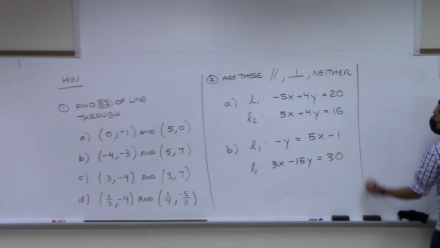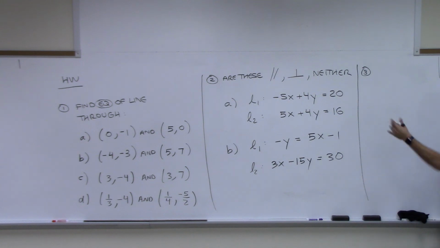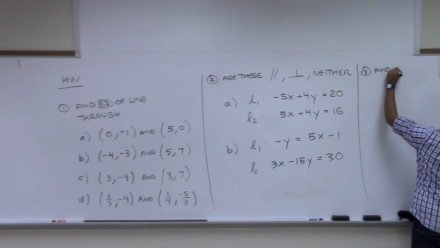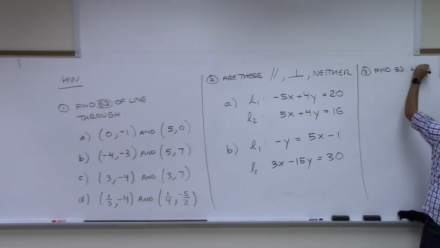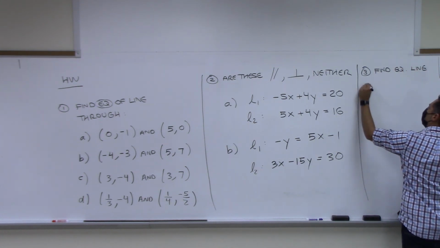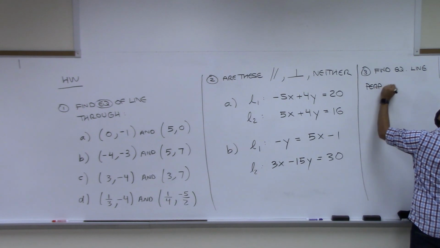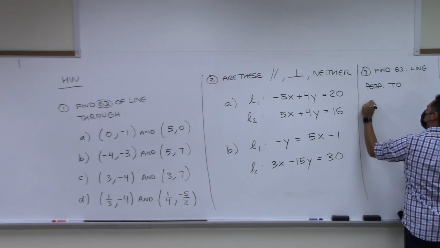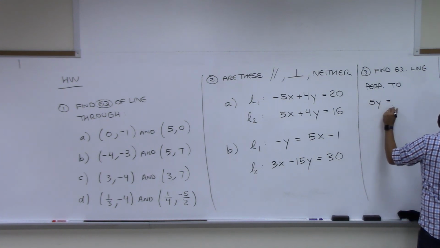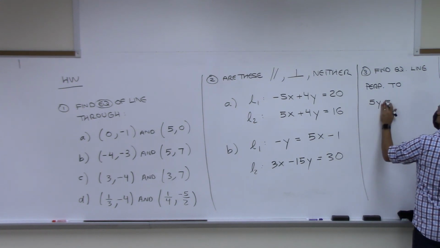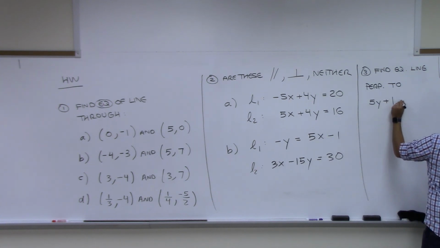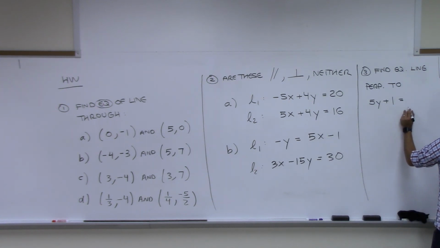And then the last thing I want you to do is kind of like what we just did now, this last problem. I want you to find the equation of the line which is perpendicular to 5y plus 1 equals 10x.